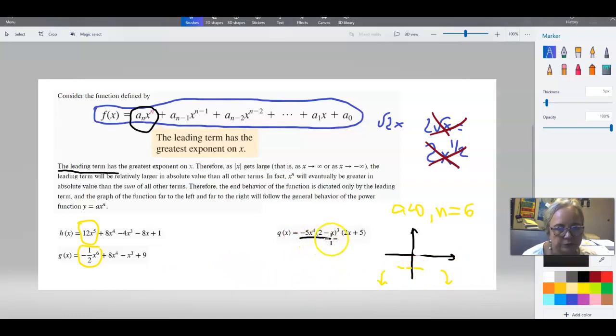With this one it's a little bit harder, but we're still aiming for the highest degree, and the highest degree will be determined by the product of the leading terms here. One of them is negative 5x to the 4th. When you cube 2 minus x, remember, the first leading term will be negative x cubed.